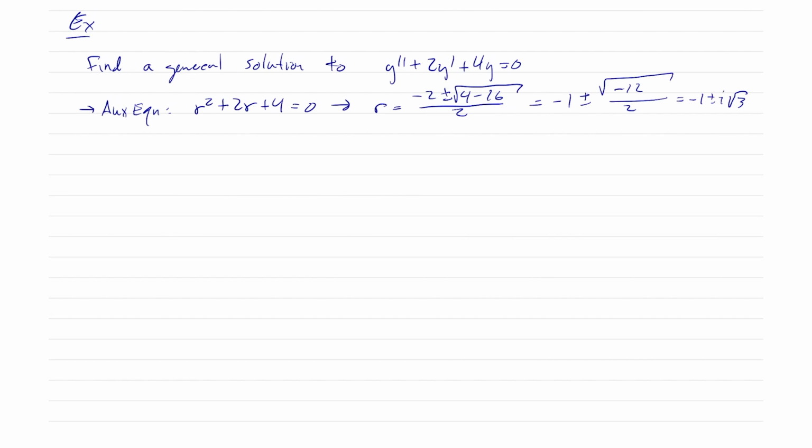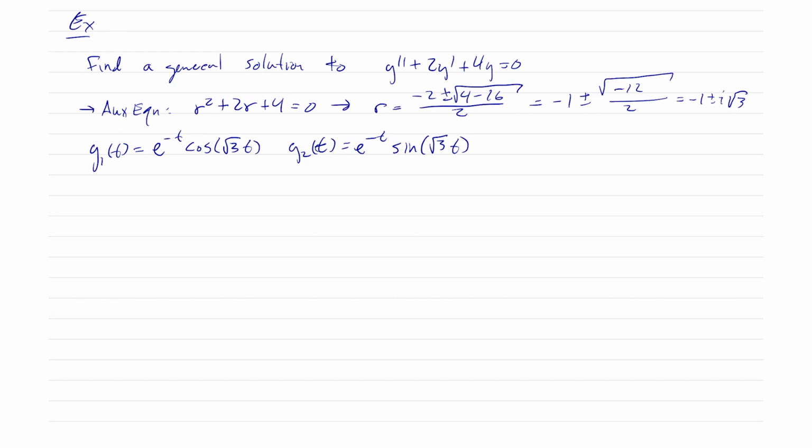Okay, so that tells us that one solution, y1 of t, is equal to e to the minus t times cosine of square root of 3t, and y2 of t is equal to e to the minus t times sine of square root of 3t.